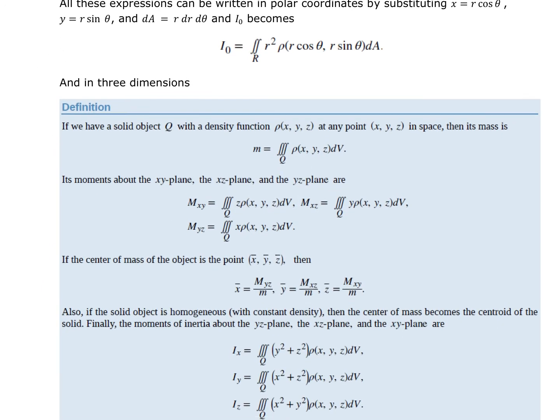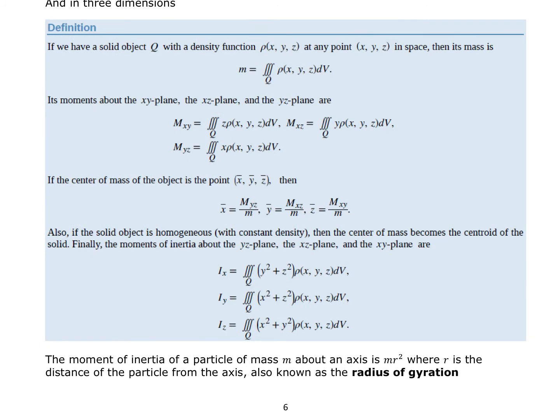If we are in 3 dimensions, what changes? I have the moment about the xy plane, but I also have a moment around the xz plane and a moment around the yz plane. The center of mass is still going to be divided by m.